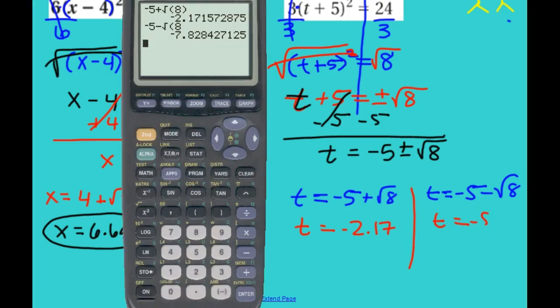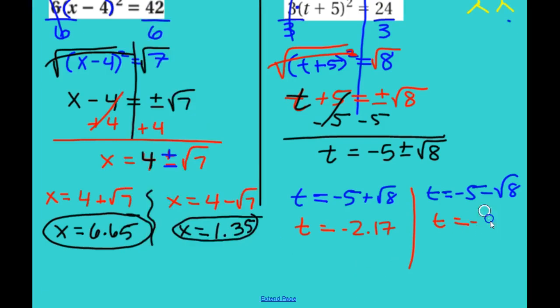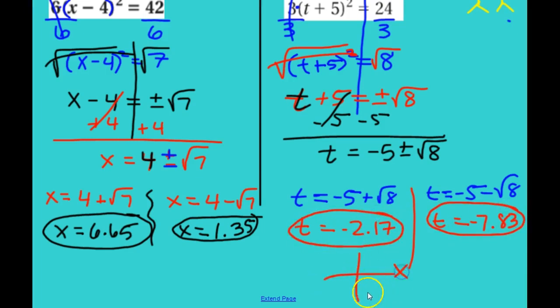Oops, negative, what was it? I already forgot. 7.83. So this is where our graph would cross our x-axis at negative 2 and way over here at negative 7. Might look something like that.